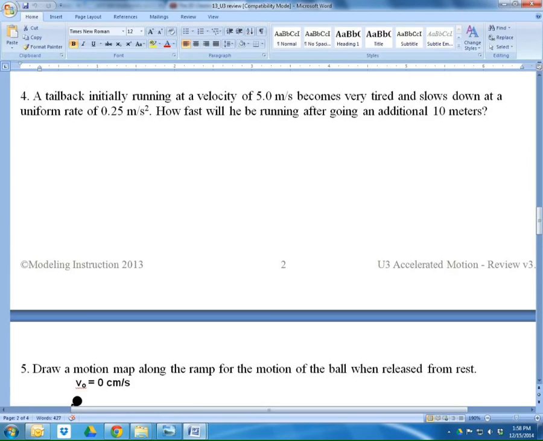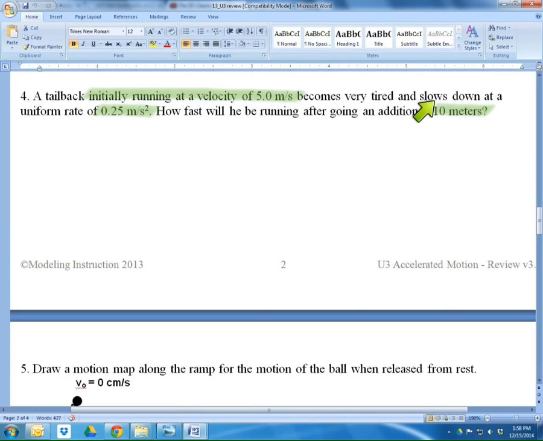So here I brought the problem up. Let's go ahead and actually go through this. I've got some important information. First piece of information I have is this right here. Then I have this right here. And then I have this right here. But there's a catch. This 0.25 meters per second squared, there's another piece of information that's really important.